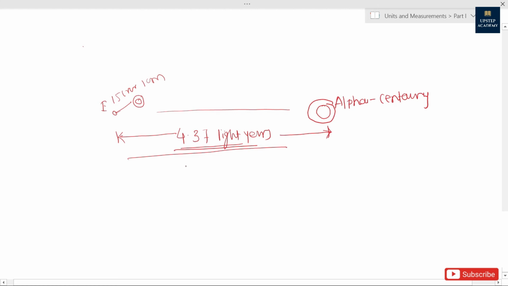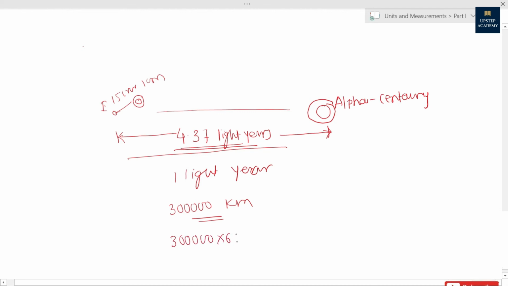You need to understand what 1 light year is. How much distance is covered by light in 1 second? 3 lakh kilometers is the distance covered by light in 1 second. Now how much distance will that light cover in 1 minute? 3 lakh into 60. Again, if we multiply by 60, it will be the distance covered by light in 1 hour.